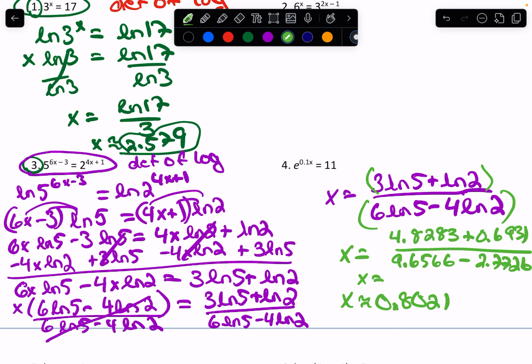And now, if we do that calculation, on the top, I just want to make sure that my calculation is correct here. That is 5.5214 divided by 6.884. And that gives this number right here.